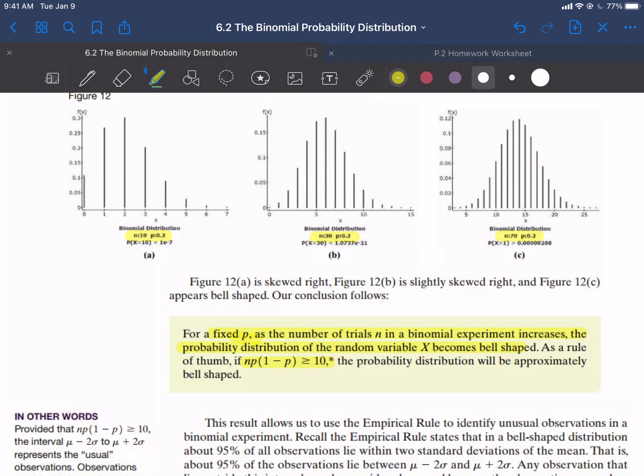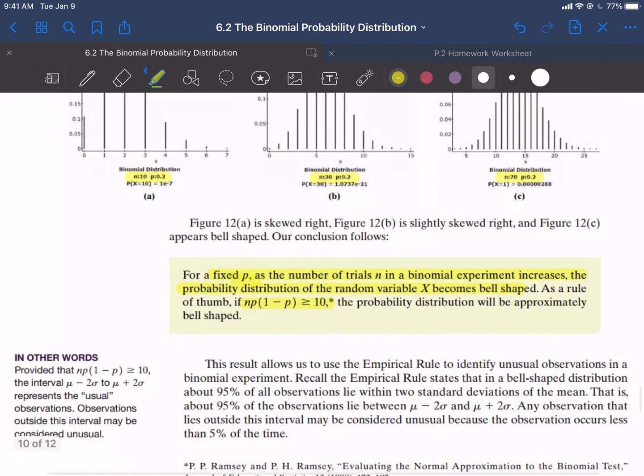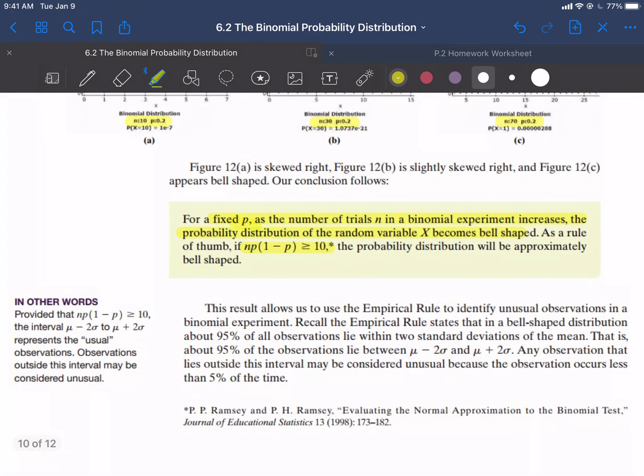So that's why in that last one, to determine if it was unusual or not, we took the mean plus or minus 2 standard deviations, and if it was outside of that, then we said it was unusual. Okay? So if our value we're talking about lies within 2 standard deviations, it's not unusual. And if it doesn't, then it is unusual.